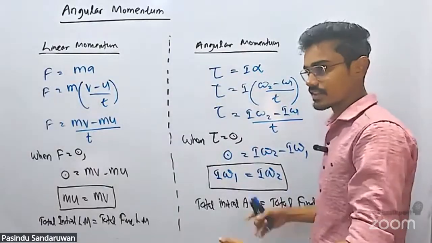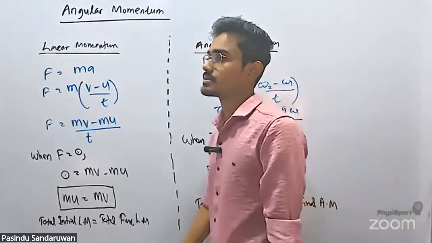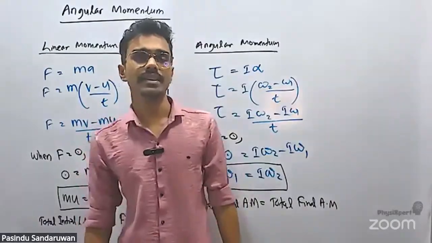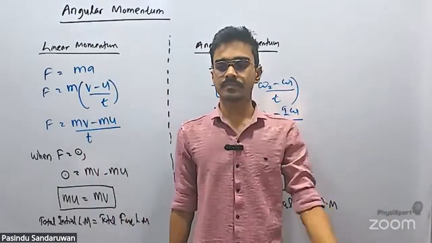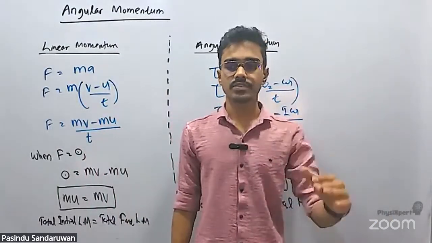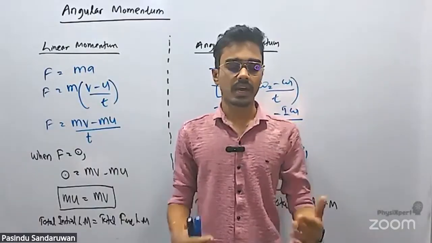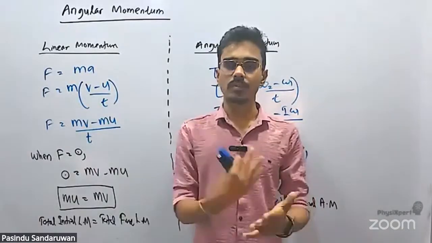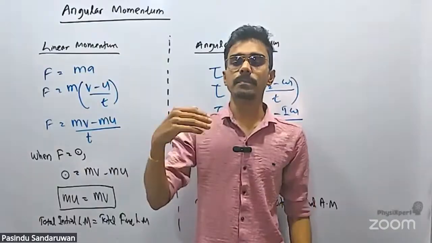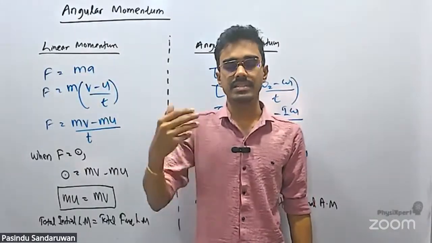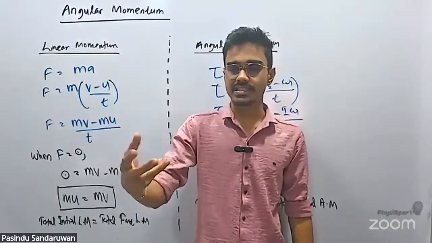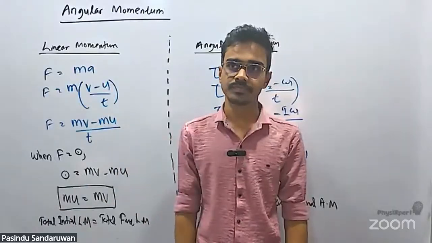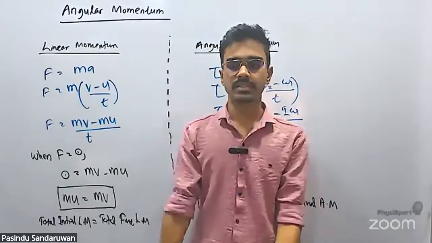That's the advantage you have when your linear motion knowledge is solid. I told you on the first day itself, angular motion builds upon linear motion, the next step of linear motion. That is how it builds up.